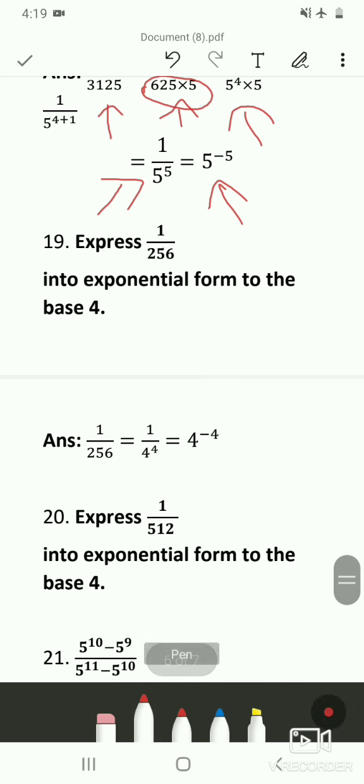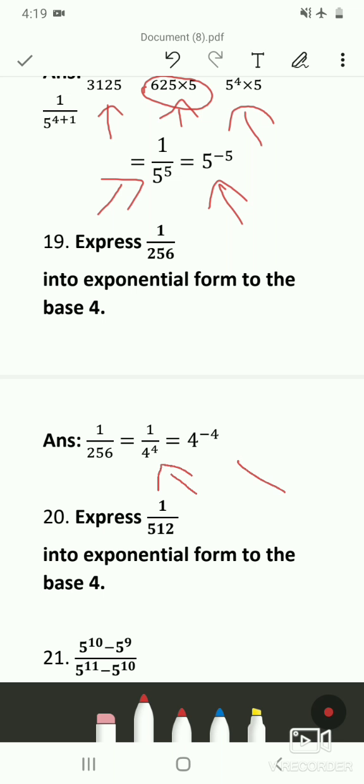Similarly we have solved even this problem. 256 can be written as 4 raised to 4, that is 4 4s are 16, 16 4s are 64, 64 into 4 is nothing but 256. So you got it, 256 can be written as 4 raised to 4.